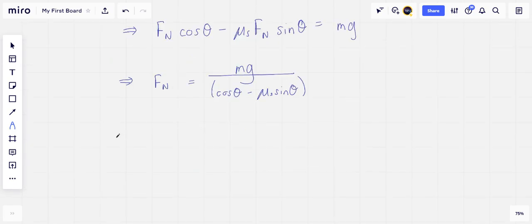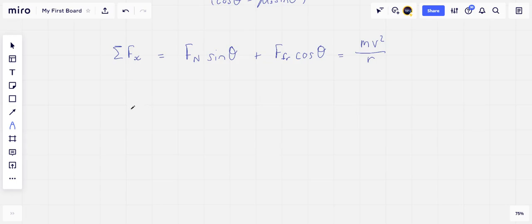And if we do the same for the horizontal component of forces, the sum of the forces in the horizontal direction is Fn sine of theta plus the frictional force F_fr times the cosine of theta. This must be equal to the centripetal force mv squared over r.